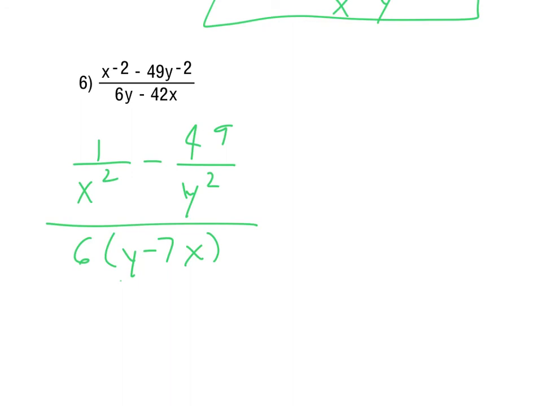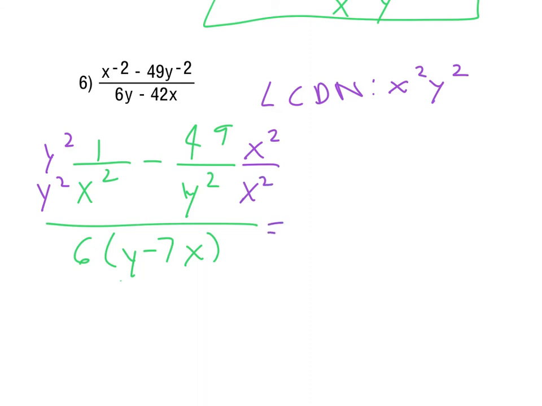Since the denominator is not a fraction, I would probably just lean towards working on the numerator. The LCD for the numerator would be x squared y squared. So this one needs the y squared, and this one needs the x squared.